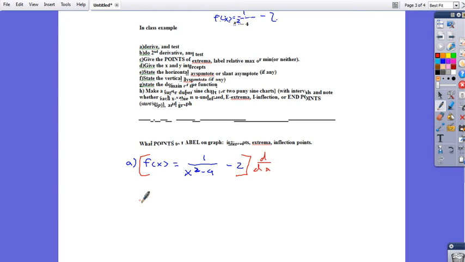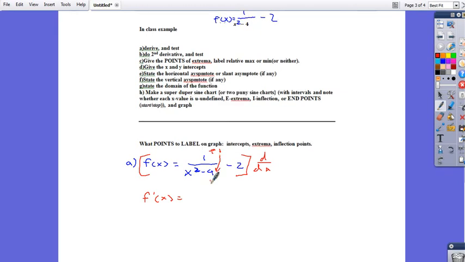It's simply quotient rule. Here's the top, here's the bottom, and that's just a plain old constant.